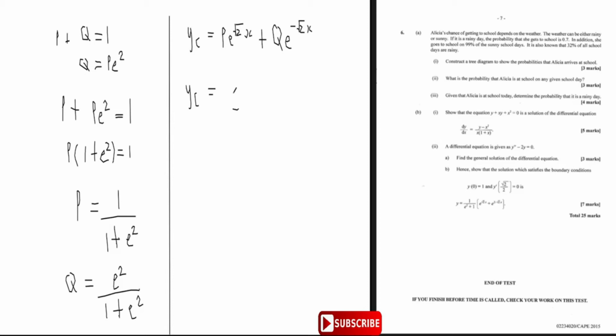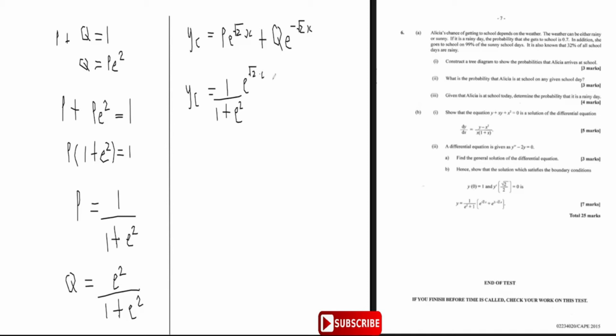So Y C is equal to P, which is 1 over 1 plus E squared, times E to the root 2x.